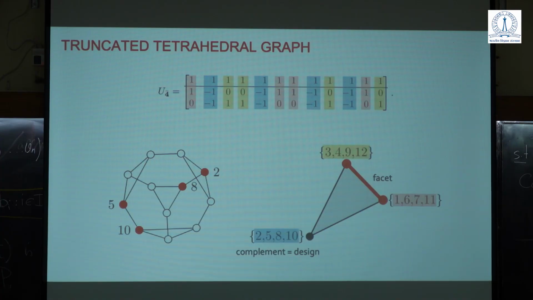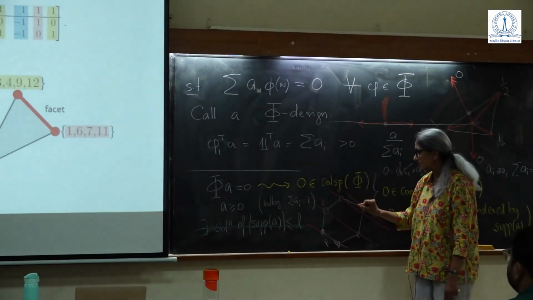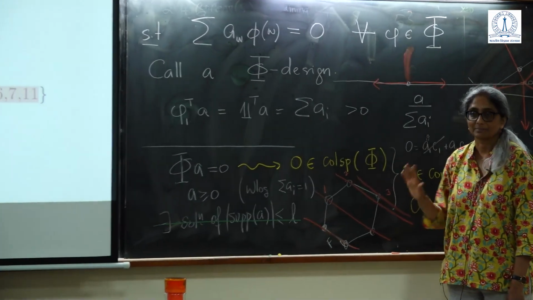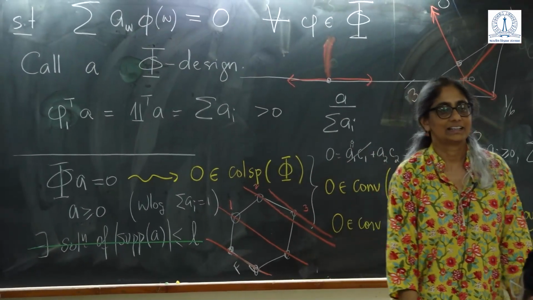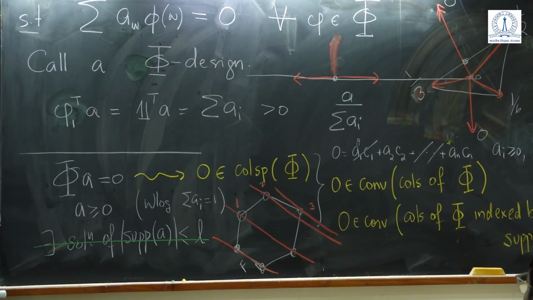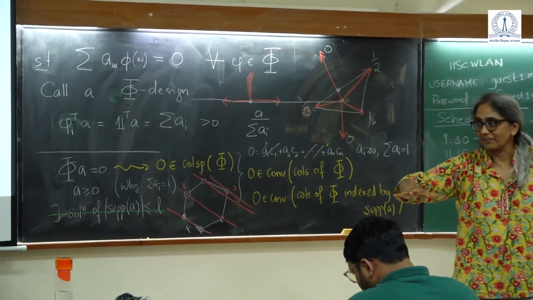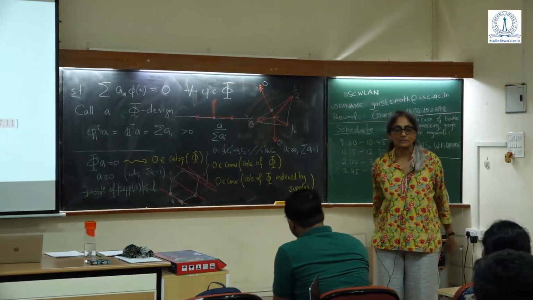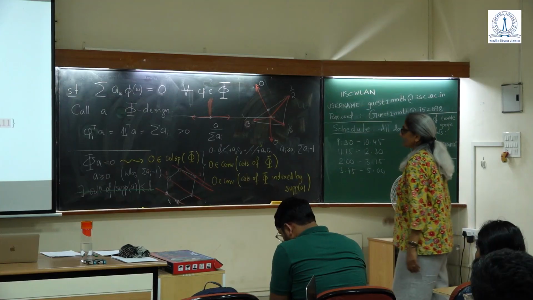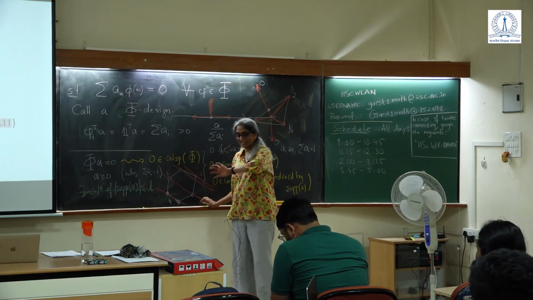The design is the complement. 0 weight on this, weight 1 on this, weight 2 on this, and weight 3 on this, roughly, okay? So you have to be a little bit more careful. But it comes from the level sets of the affine span of that facet as you sweep it through this polytope. It's very, very pretty. Okay, very good.